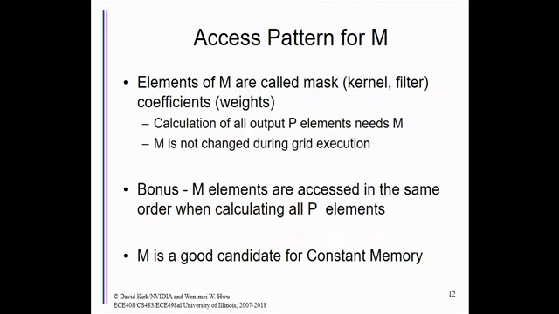You can also think about constant memory as the coefficients of the equations that you solve in science and engineering applications. When you solve a differential equation, linear equation, and so on, the coefficients of these equations don't change. The solutions change, right? The coefficients don't. So those coefficients or polynomial coefficients you can use constant memory for acceleration.